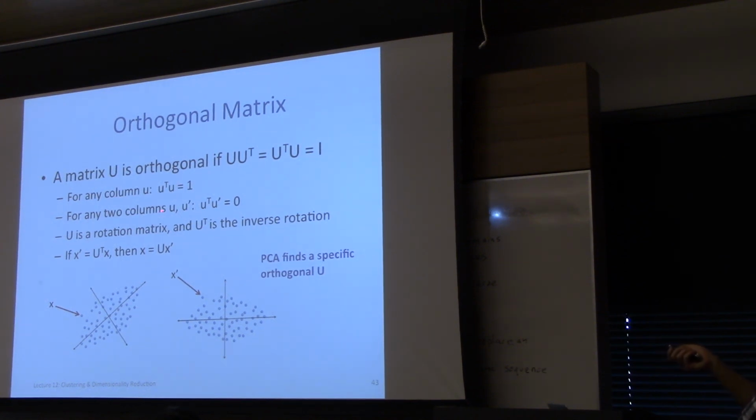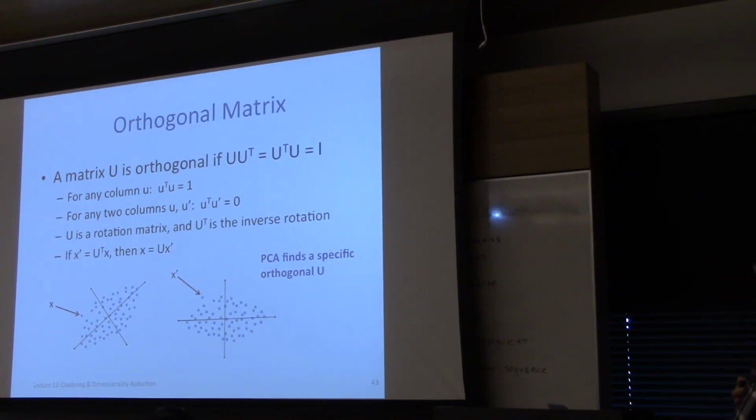For any two different columns of U, U transpose U prime equals 0. So every column is a unit vector, and every column is perpendicular to every other column. That's what defines an orthogonal matrix: any matrix whose columns obey these properties. If U is full rank, so it's a square matrix, then U is a rotation matrix, and U transpose is the inverse rotation, because U transpose is also U inverse.